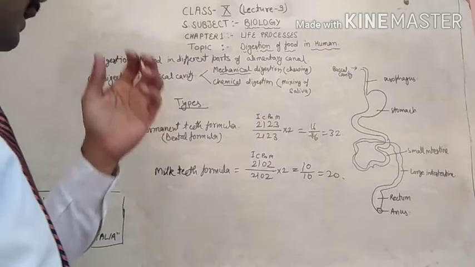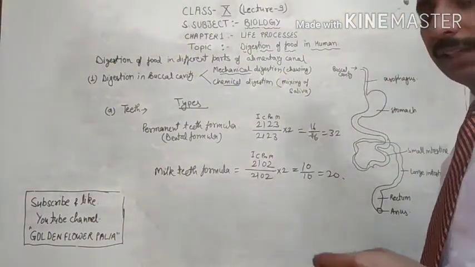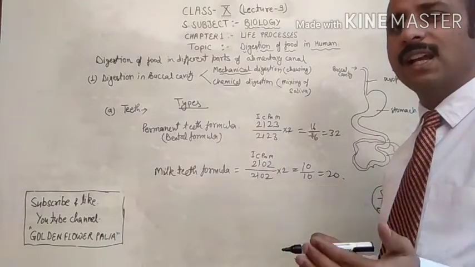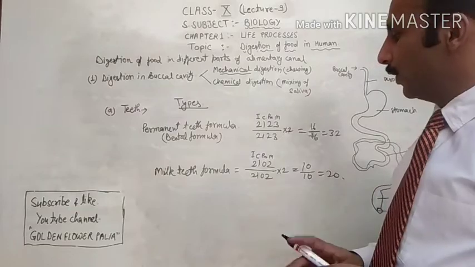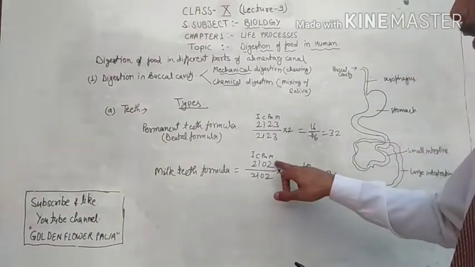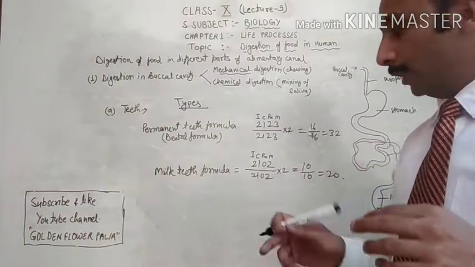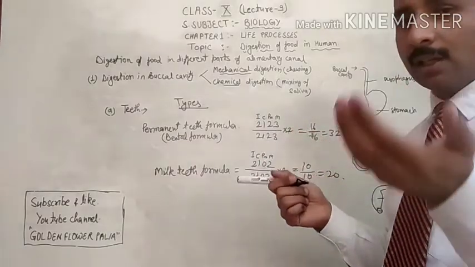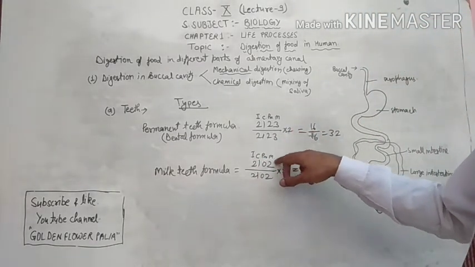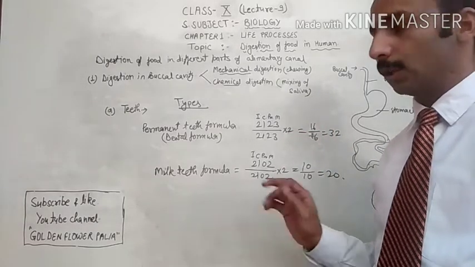It means in childhood, when children have the milk teeth, they don't have the premolars. Instead they have molar teeth, which perform the function of the premolars, and molars are also fewer in quantity. They have in permanent teeth 6 in the upper jaw and 6 in the lower jaw, whereas in the milk teeth 4 in the upper jaw and 4 in the lower jaw. So this is the dental formula.